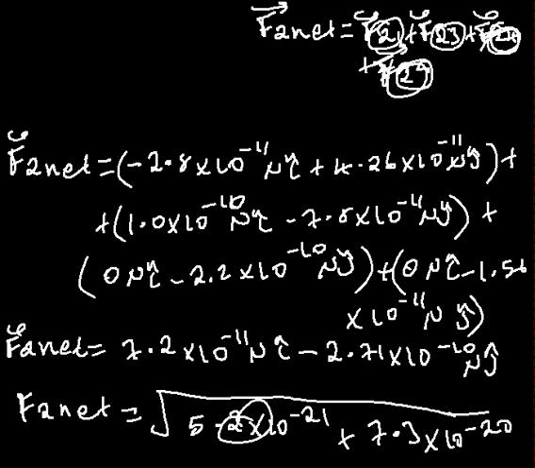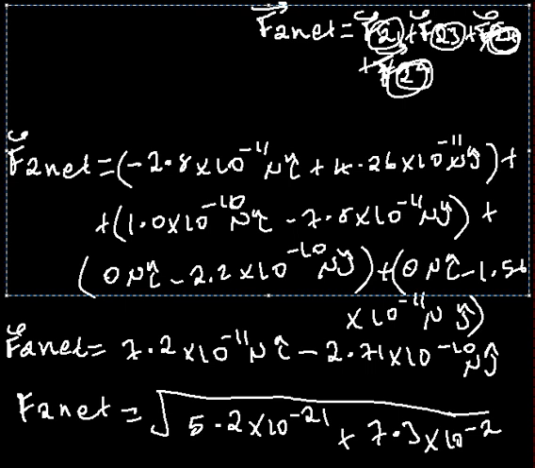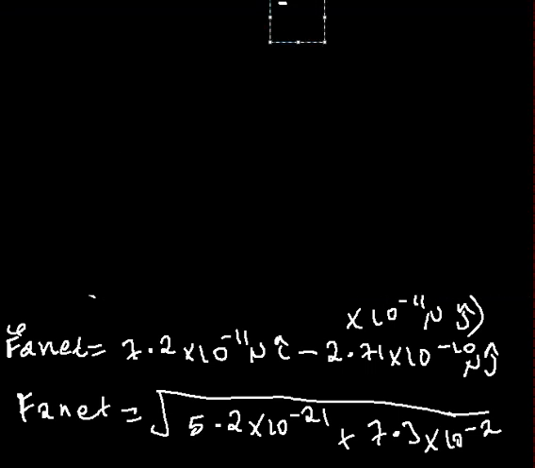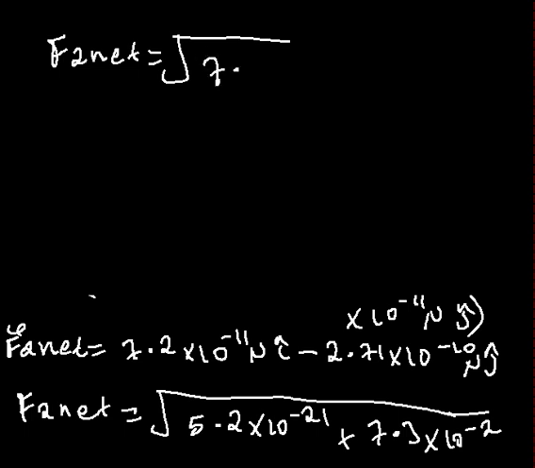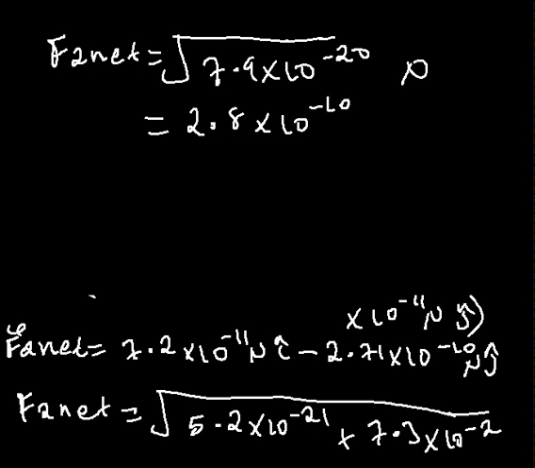Then we take the summation of those. The F2 net is the square root of that sum, which is 9 times 10 to the power negative 20, and in that way we have it in newtons. That will be 2.8 times 10 to the power negative 10 newtons.